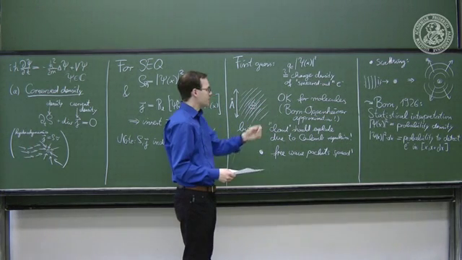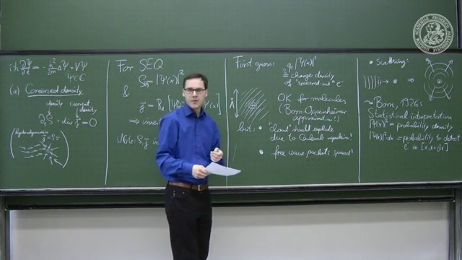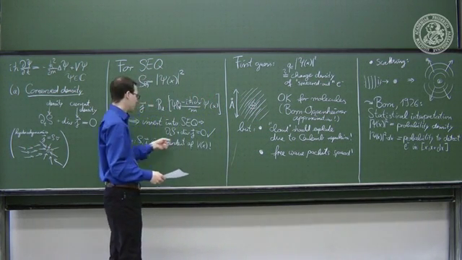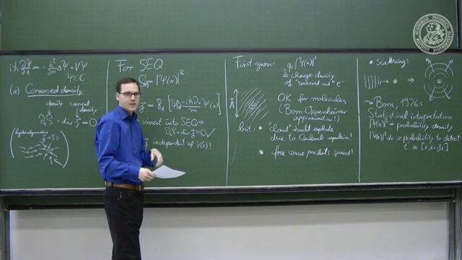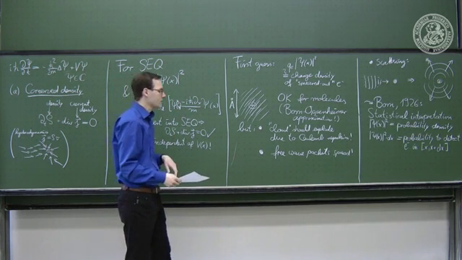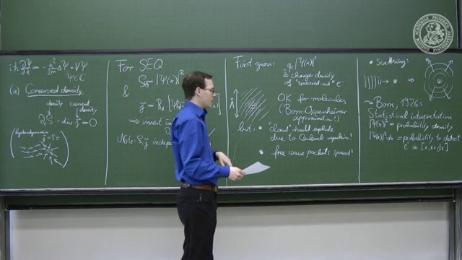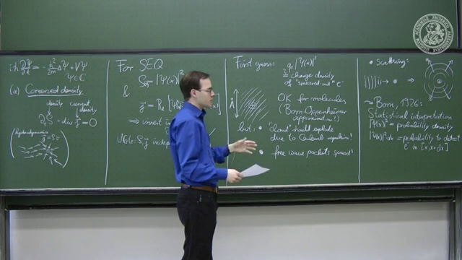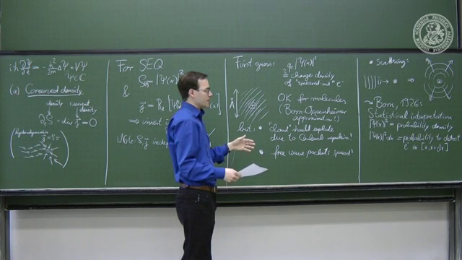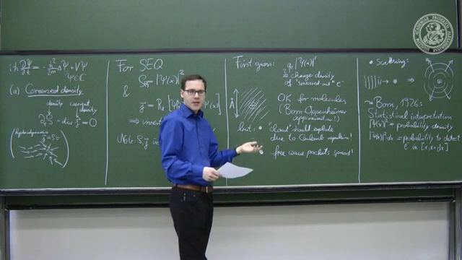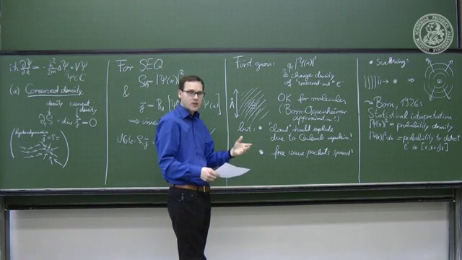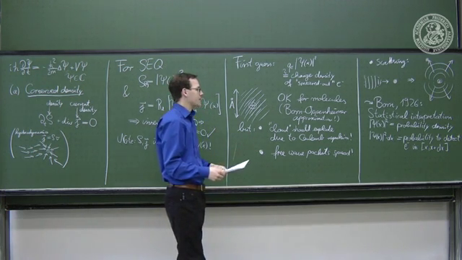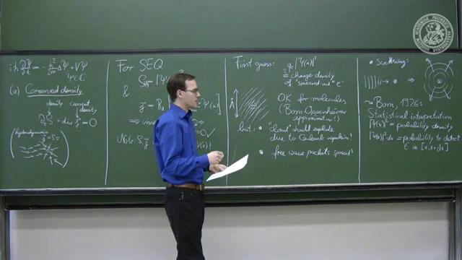Now, okay, so we know psi squared is at least a good candidate for a probability density because it will automatically fulfill this equation of continuity. Now, even more generally, the Schrödinger equation always conserves probability, at least globally. And the reason is connected to the Hamiltonian being Hermitian.